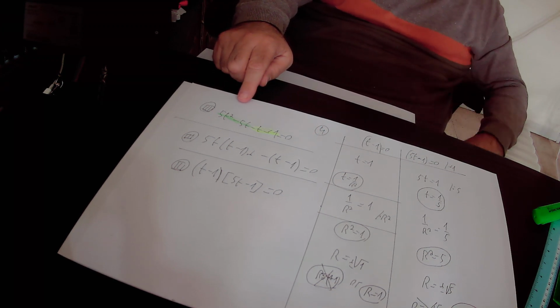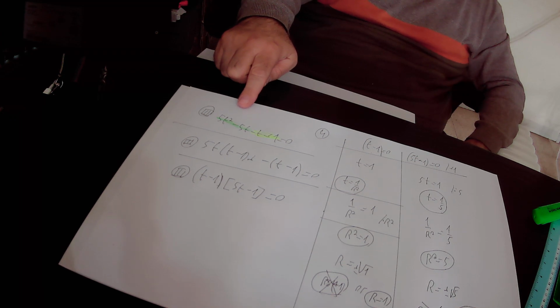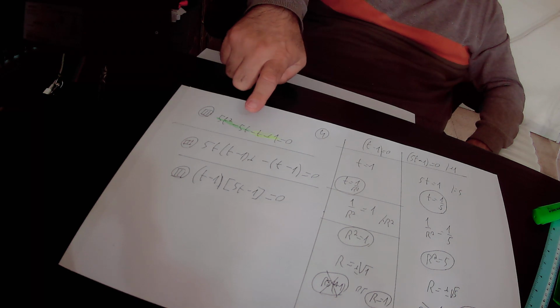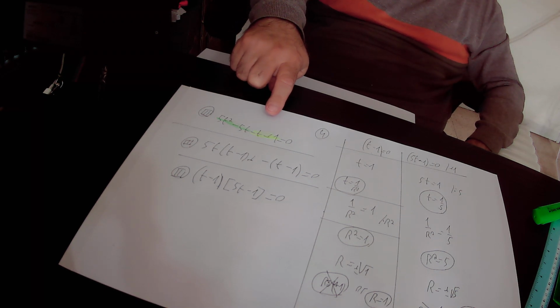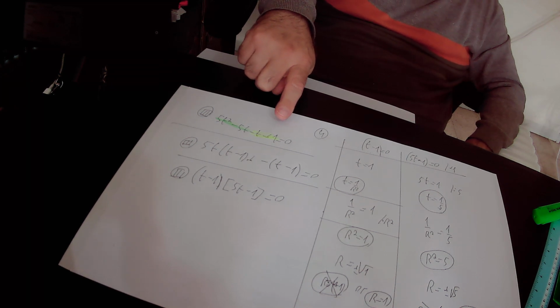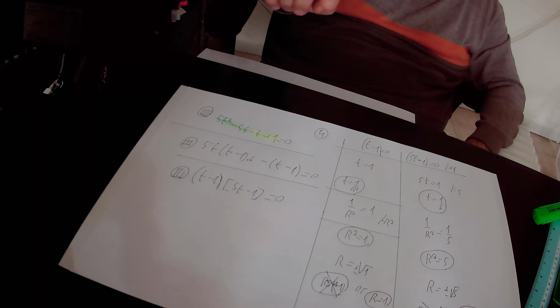Then we took out 5t as a common factor from those two expressions that are in the green color. So inside the brackets we left only with t minus 1. Then we took out minus 1 from this expression that is in the yellow color. So inside the brackets we left with t minus 1 equals to 0.